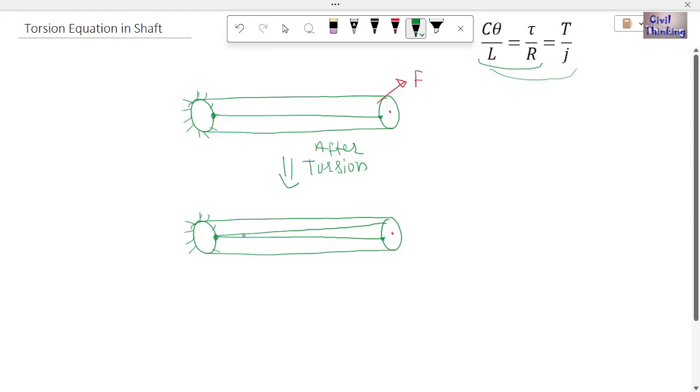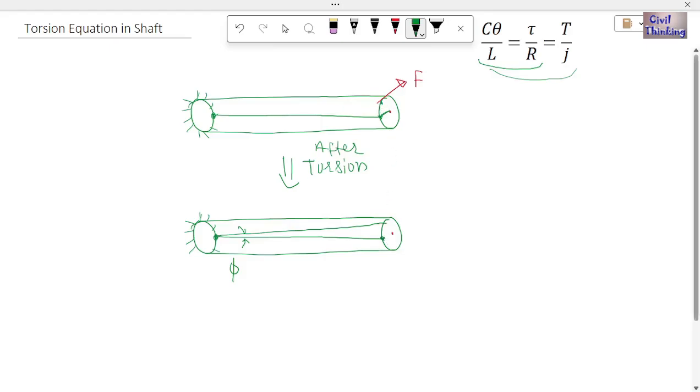Now you will see this angle here. Let us say this angle is phi. Initially you see no angle in the cross section, but when this line reaches this point, there will be some angle here.